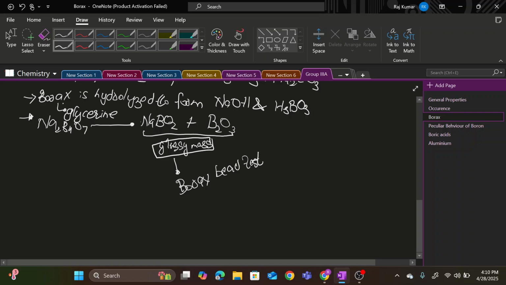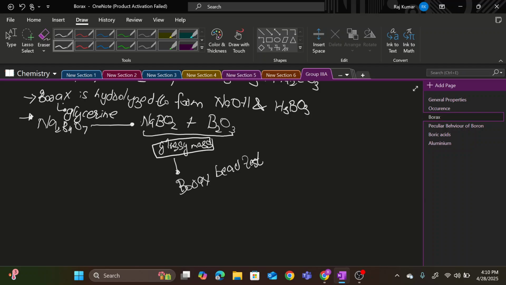So what's a borax bead test? When we take fused borax, it forms sodium metaborate and boric anhydride, in which we put a metallic oxide.